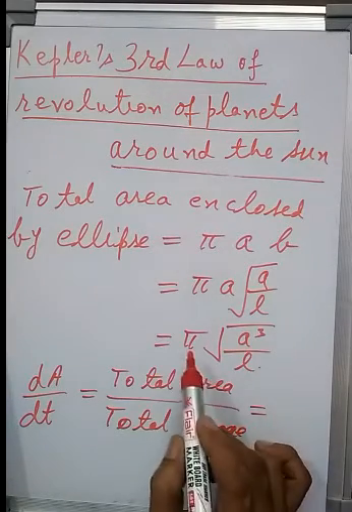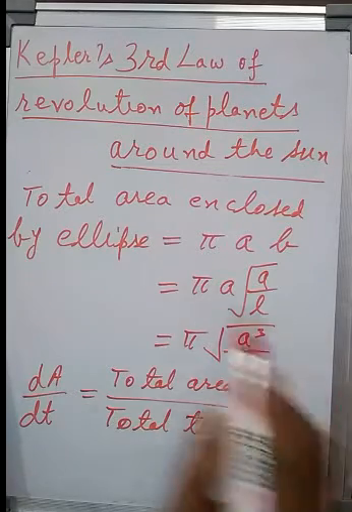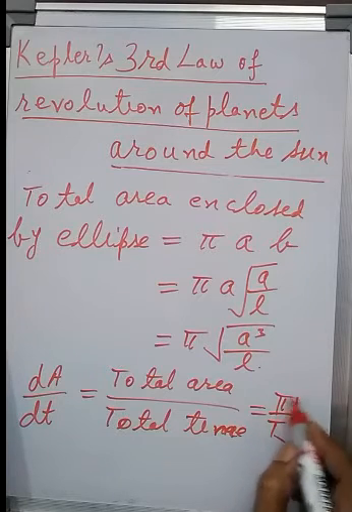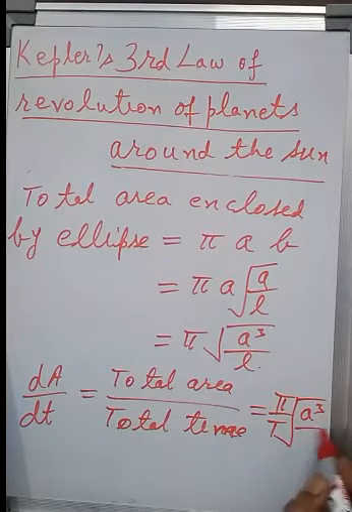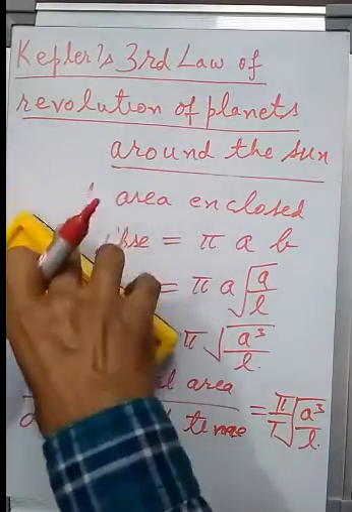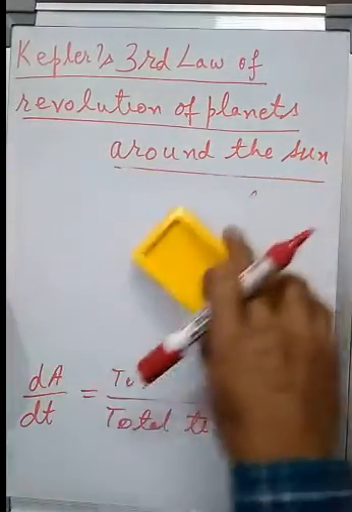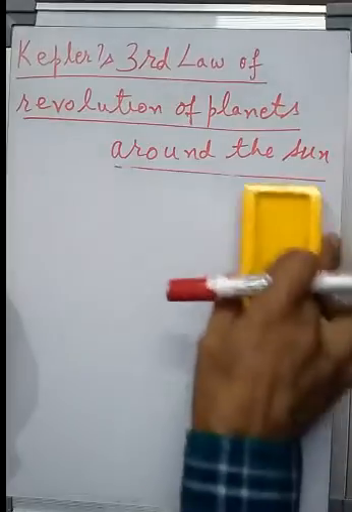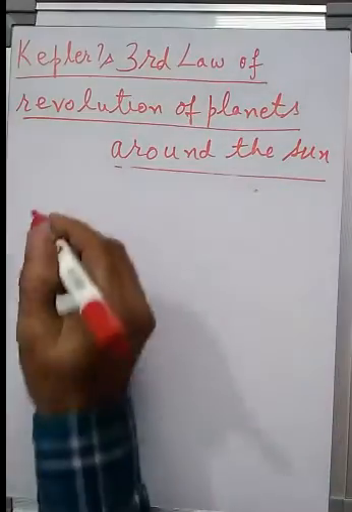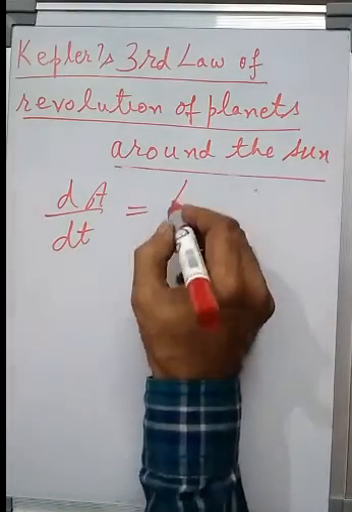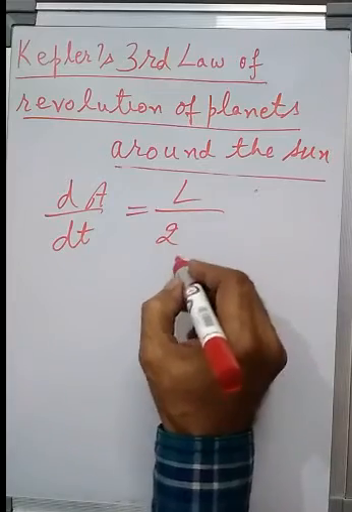Total area I have just obtained, and the total time to cover the whole ellipse is T. So I can write 1 upon T times pi root a cubed upon l. Also, we know from Kepler's second law that the areal speed remains constant when a planet is revolving around the Sun, and that constant value of areal speed has been proved to be dA upon dt equal to L upon 2 mu.